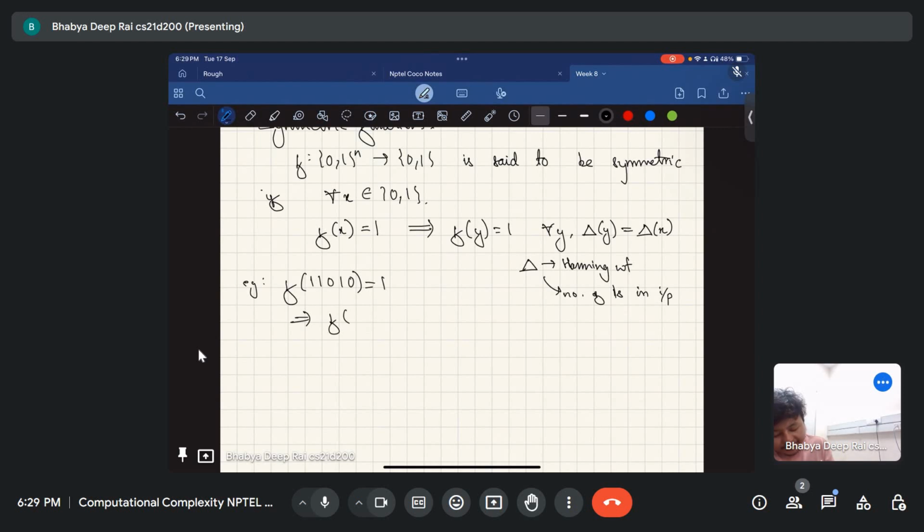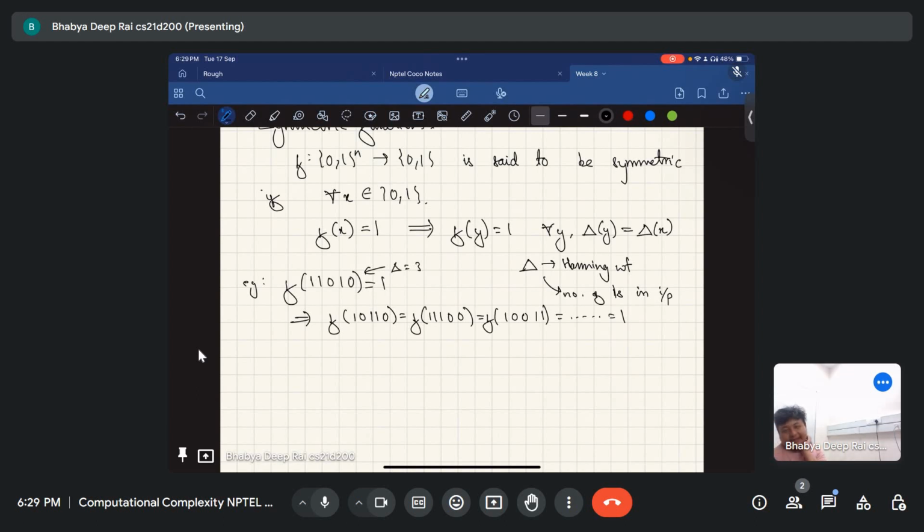Then f of 1 0 1 1 0, f of 1 1 1 0 0, f of 1 0 0 0 1 1, and so on will all evaluate to 1, because the Hamming weight delta is 3 here.